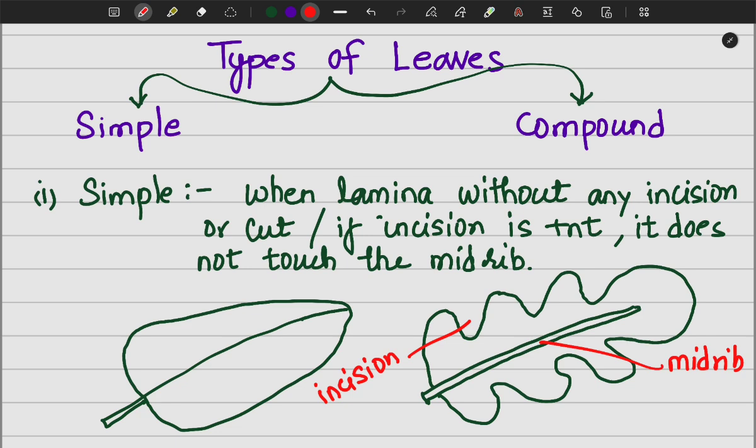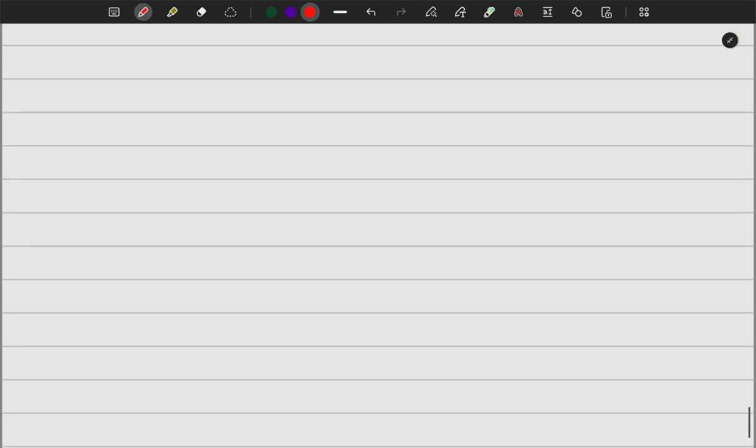Now let us look at the compound leaf. Compound leaf is just the opposite. When the incision actually touches the midrib and the leaf is cut into a large number of leaflets, then that kind of leaf is called a compound leaf.